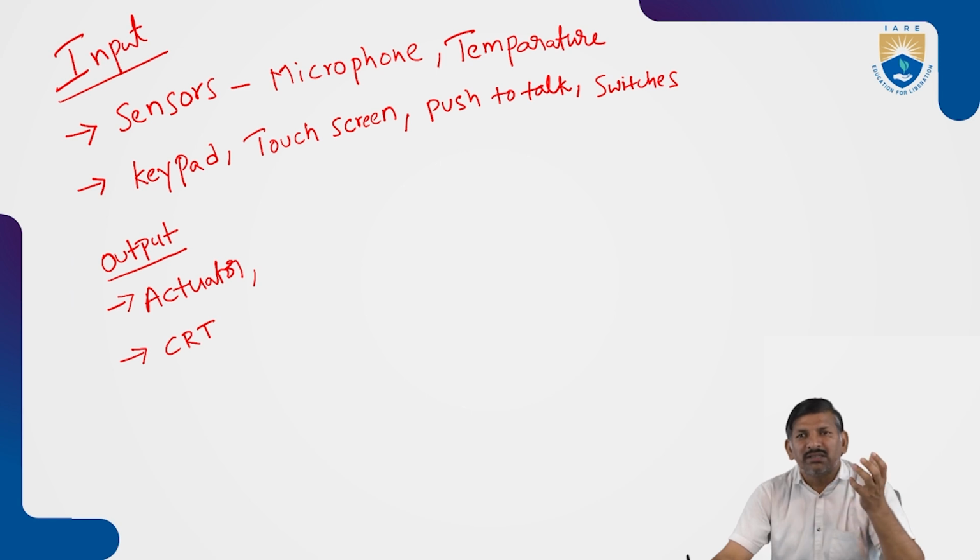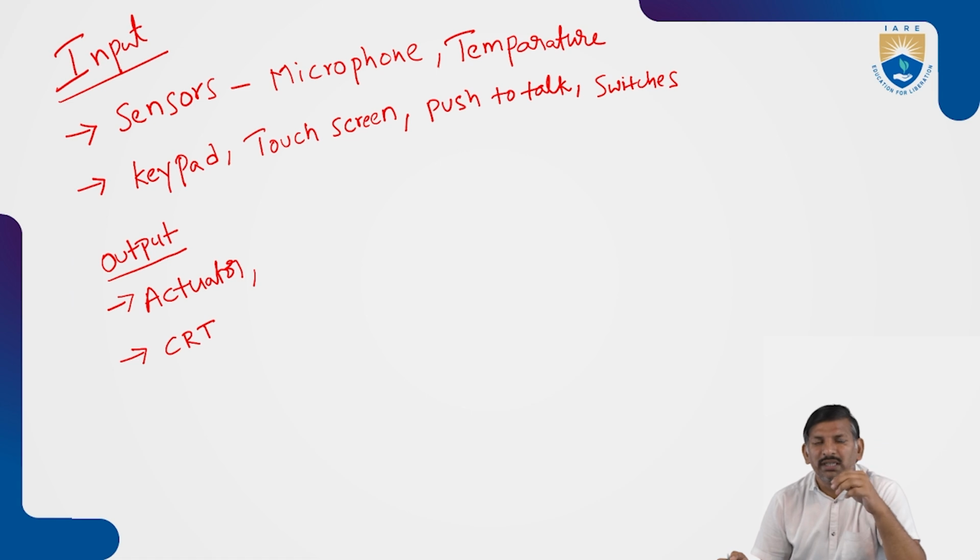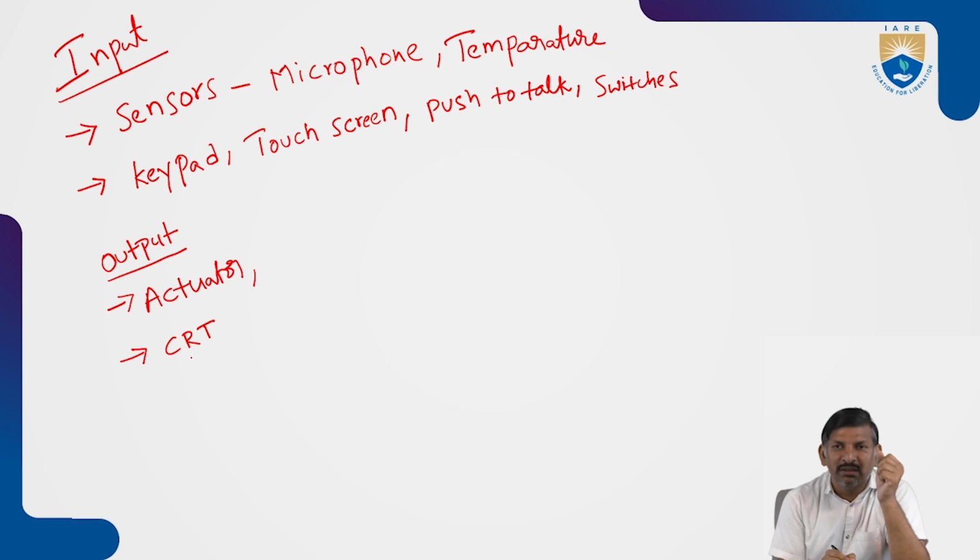In our laboratories, we use CROs to monitor amplification, rectification, clipping, clamping, various operations, to see what is going on in a particular parameter. Is the signal amplified or not? Is the signal rectified or not? Are any ripples there in the response? That will be monitored in the cathode ray tube display.